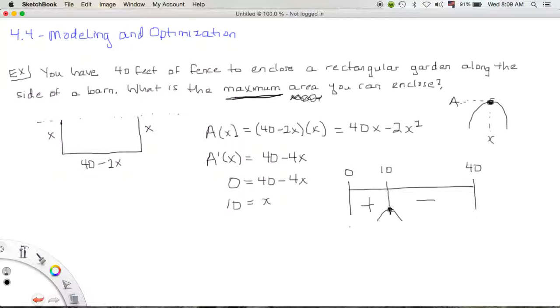So this is our only maximum. So that means that our maximum area is with a width of 10 feet, which means that the length is what? That's right, 20 feet. So our maximum area is 200 square feet.